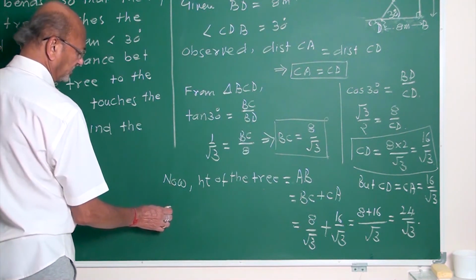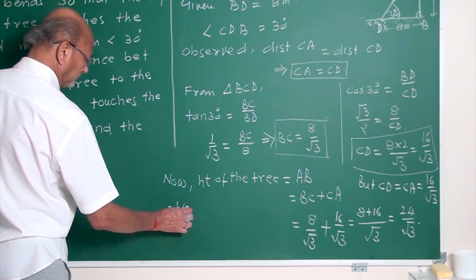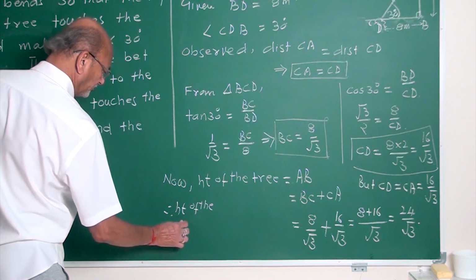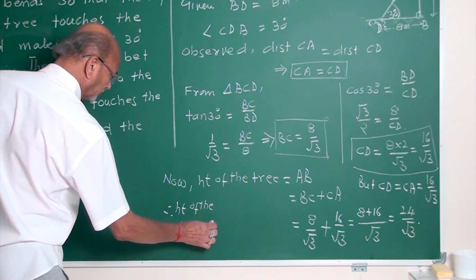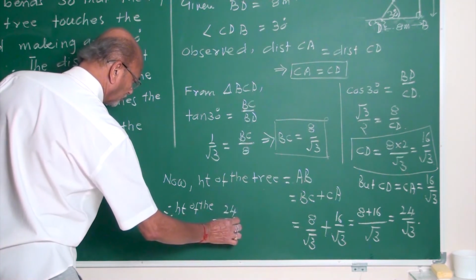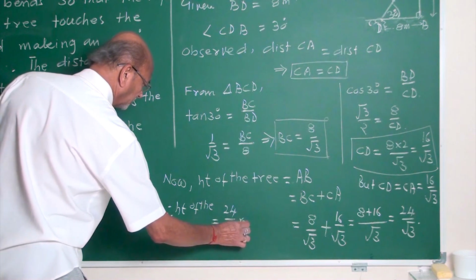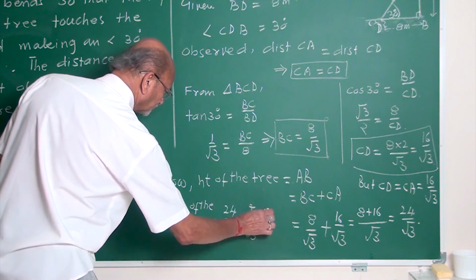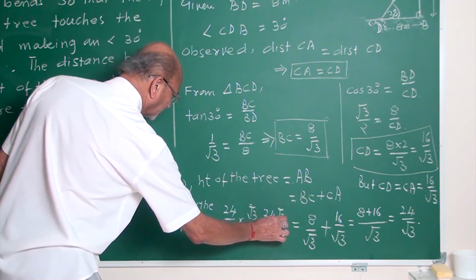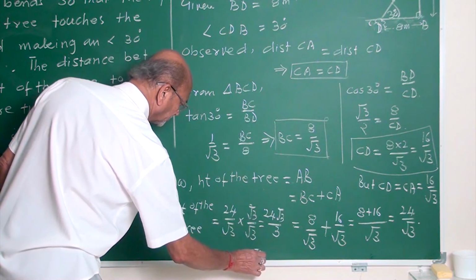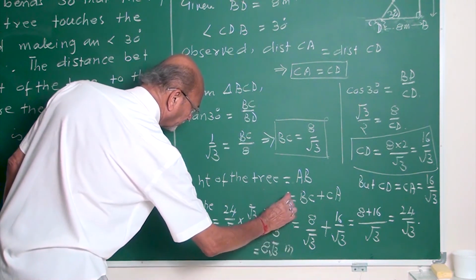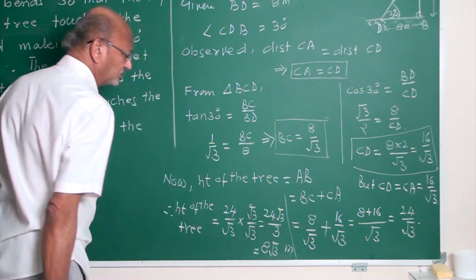Therefore, height of the tree equals 24 upon root 3. We have to multiply both sides by root 3. This is 24 into root 3 upon 3, which is 8 into root 3 meter.